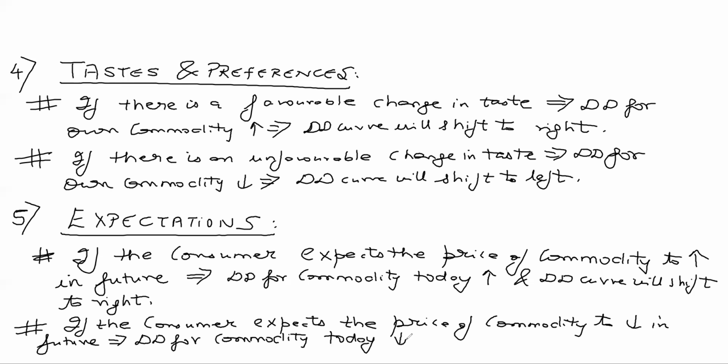If I know that the commodity is going to become cheaper tomorrow, I will demand less today, and the demand curve will shift to the left. So you all have seen how expectations also affect the demand for a commodity.